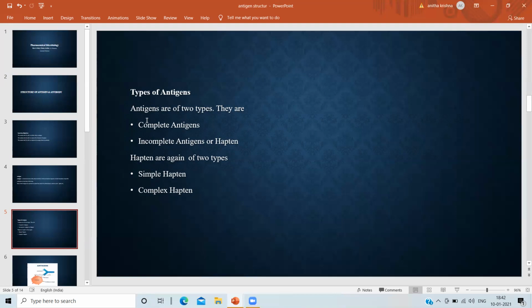But when combined with carrier proteins, they have the capability to react with a specific antibody. Generally, the carrier proteins with which haptens are combined are serum proteins like albumins, globulins, or synthetic polypeptides. These are examples of the carrier proteins.